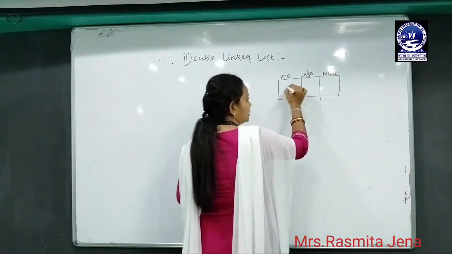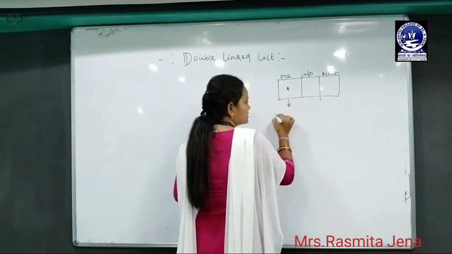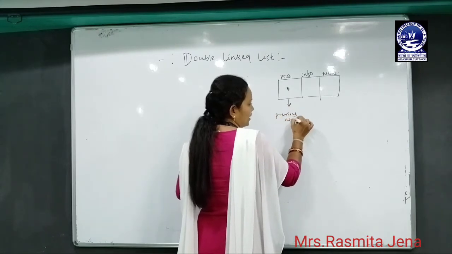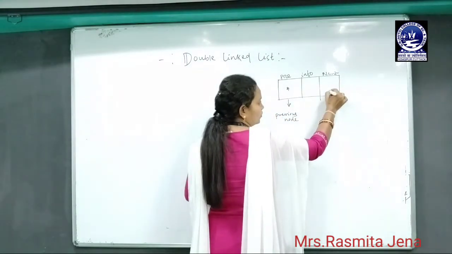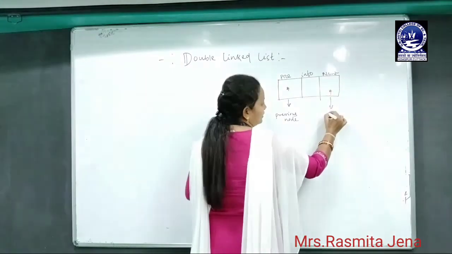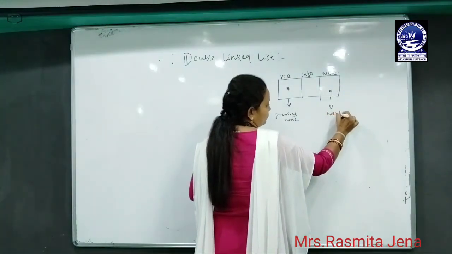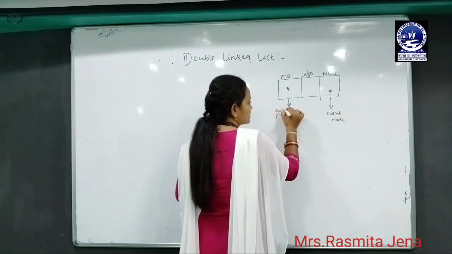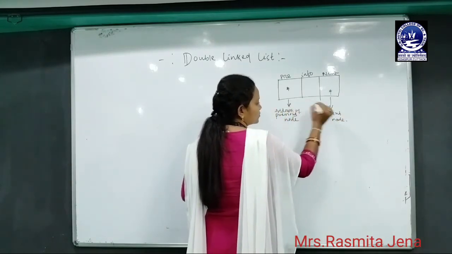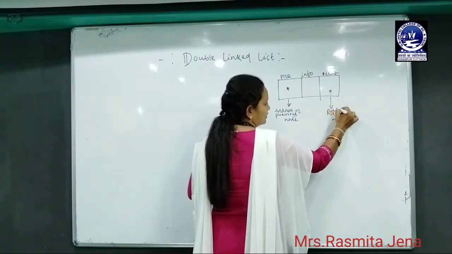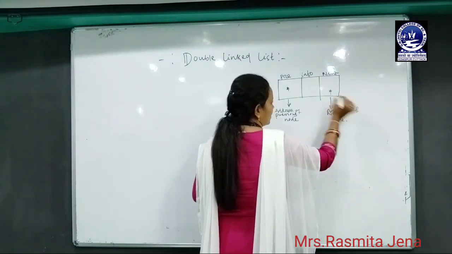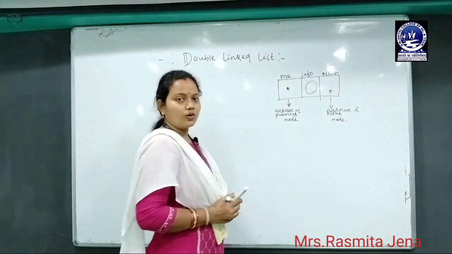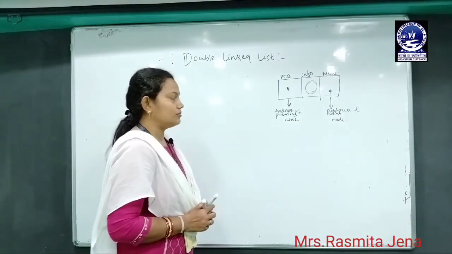The pre-pointer will hold the address of the previous node, and the next pointer will hold the address of the next node, and this is the data part of the double linked list. Okay, you just see the structure of the double linked list.